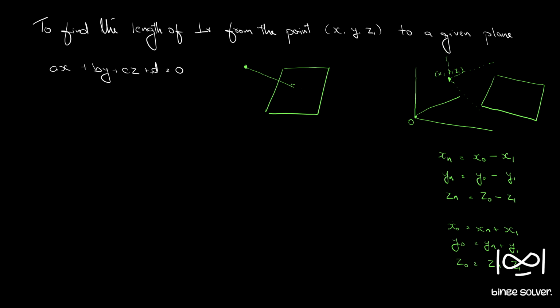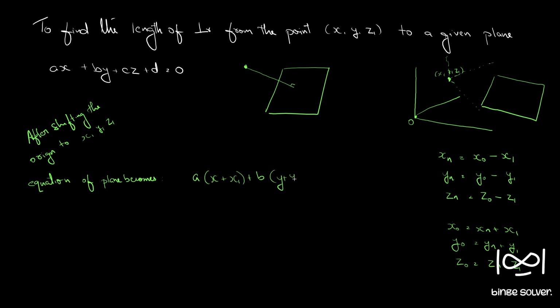So I will just explain. After shifting the origin to x1, y1, z1, the new equation of the plane becomes a into x plus x1, plus b into y plus y1, plus c into z plus z1, plus d equal to 0.